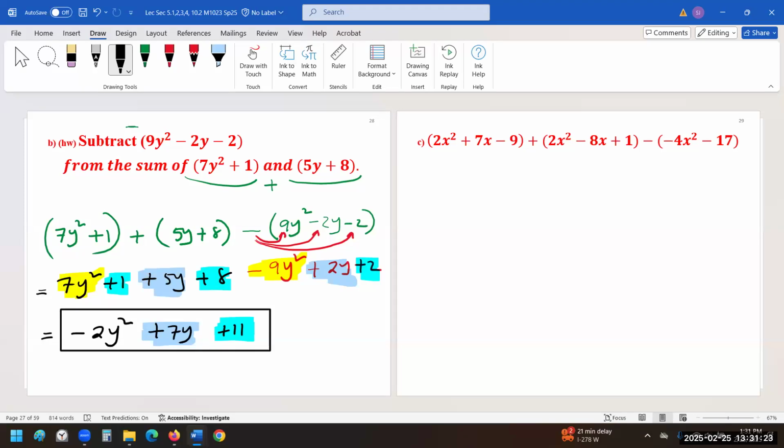I hope the next one will be easier for you because now you know how to subtract. And guess what? I'm going to ask one of these in the exam. And probably they will be worth 3 points, depending on how many powers I have.